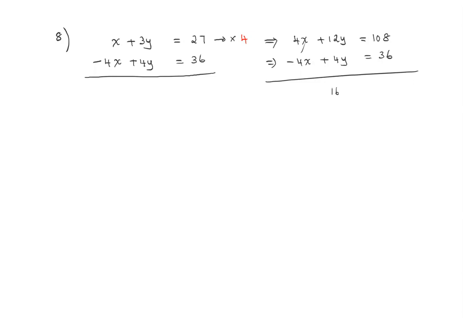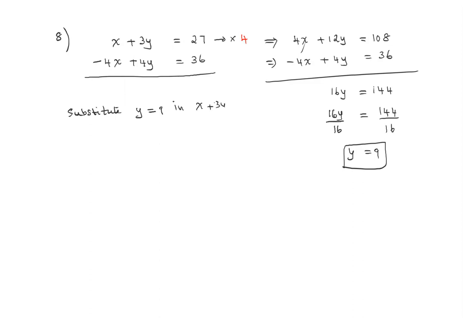So we get 16y equals 144, and divide by 16 on both sides. We get y equals 9. So we got the y. Now we can substitute and get the value of x. So we get x plus 3 times 9.